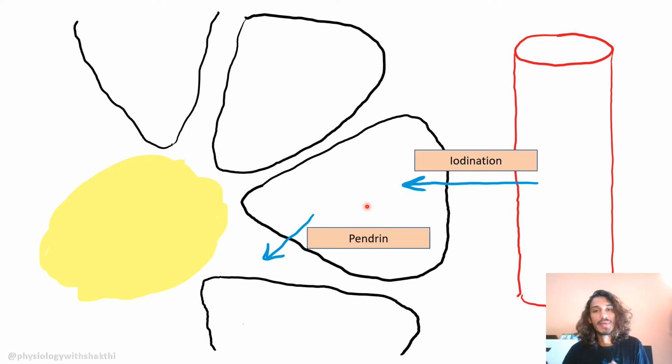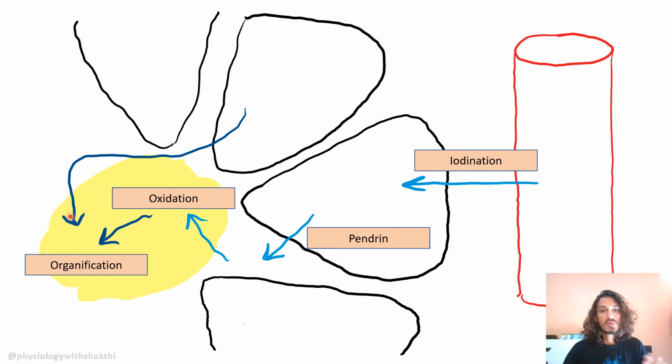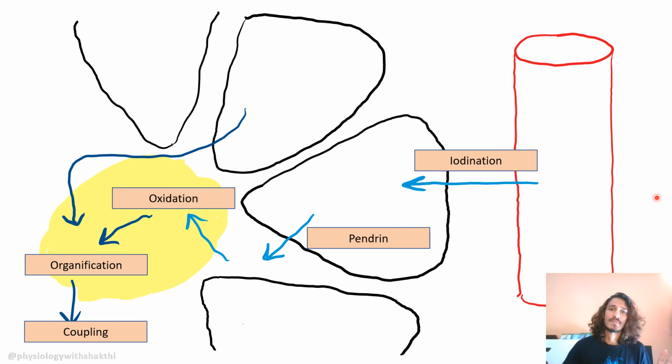Then with the help of Pendrin, it goes out into the follicular fluid, where with the help of peroxidase, oxidation takes place, giving nascent iodine and oxidized iodide. This, along with the thyroglobulin that comes out, organifies the tyrosine residue. Once MIT, DIT form, they are coupled together, and that coupling will form T3, T4, reverse T3 and all that.